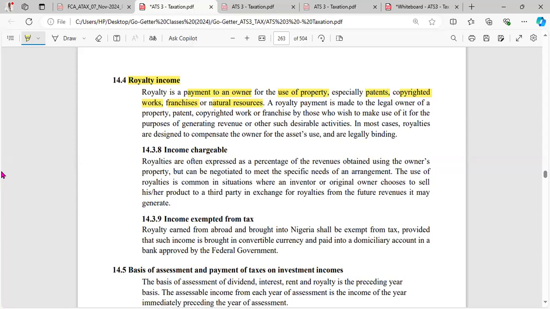That is rental income. But it's different from royalty income in the sense that you have your intellectual property. Let's say I designed a particular blueprint, or even let's look at Mr. Biggs. Mr. Biggs is a brand. Coca-Cola is a brand. And you want to do Coca-Cola business in Nigeria.